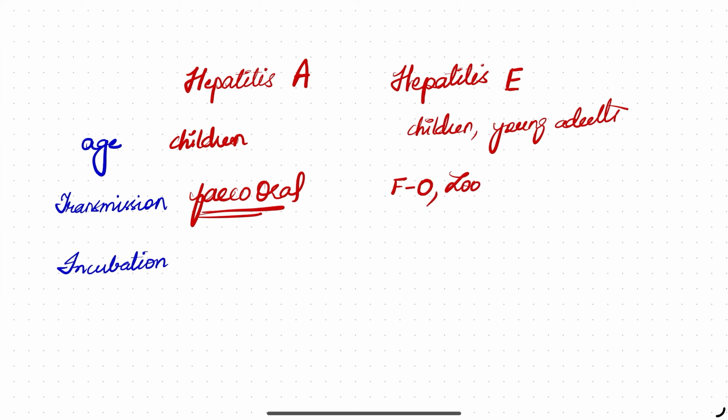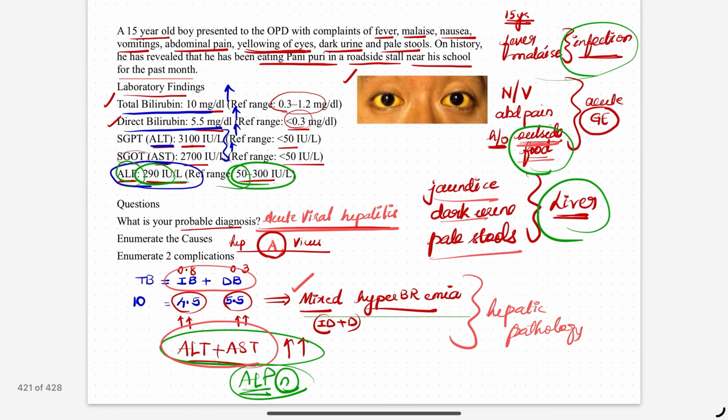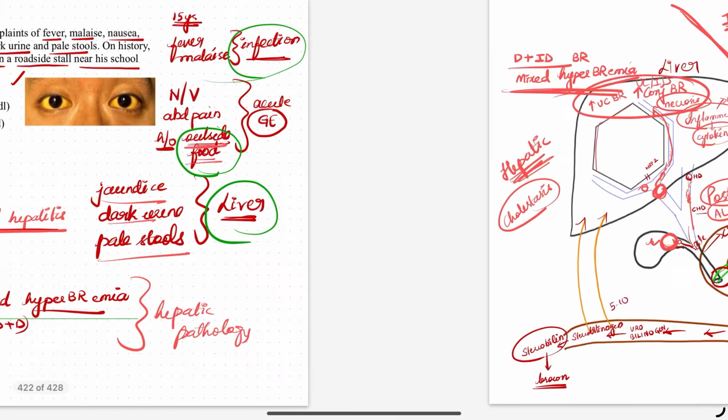Also, zoonotic spread is seen. Zoonotic means via pigs, that means eating undercooked infected pig meat. And the incubation period is the same, 15 to 50 days. So that means 2 to almost 6 weeks. In our question, it is past 1 month, so the 4 weeks incubation period is matching also.